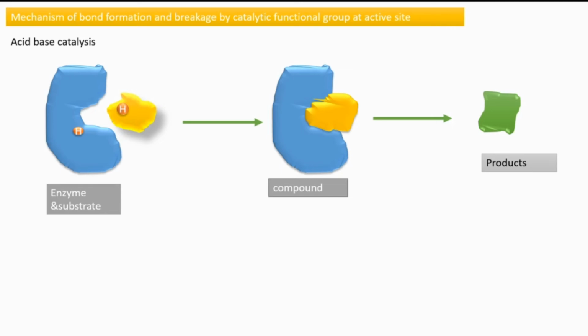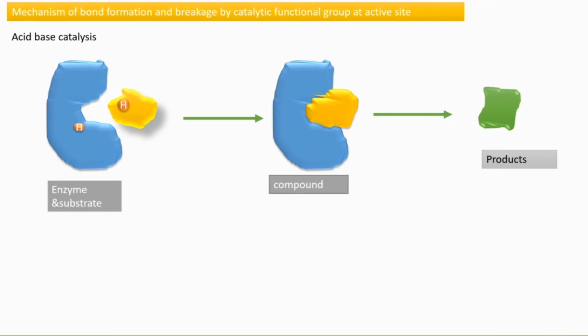For example, amino acids like glutamic acid and aspartic acid, and arginine. Then we are going to understand who is donating the protons and who is accepting the protons.